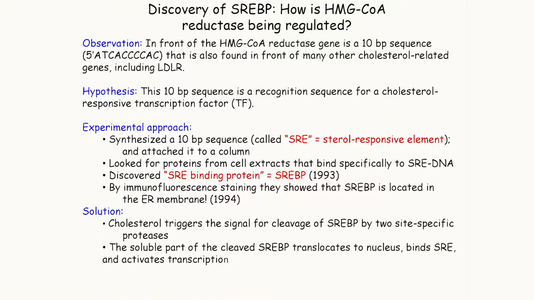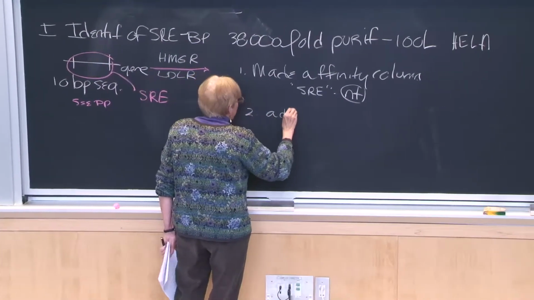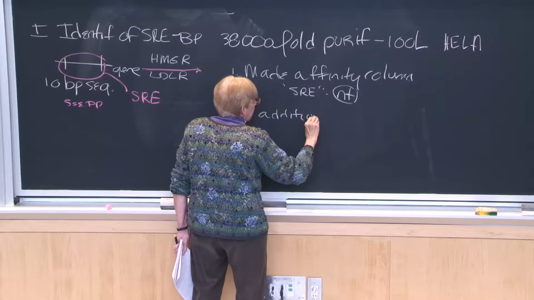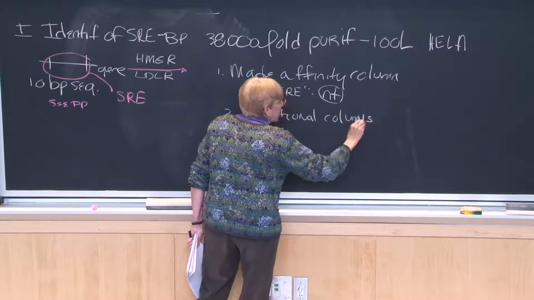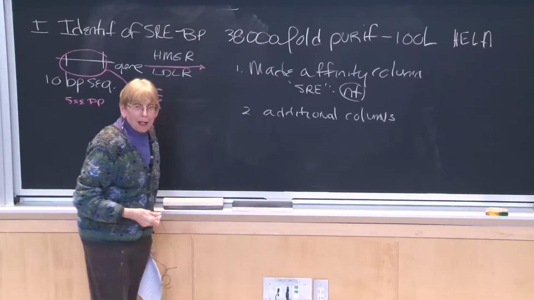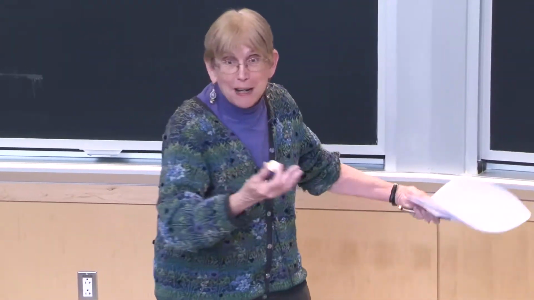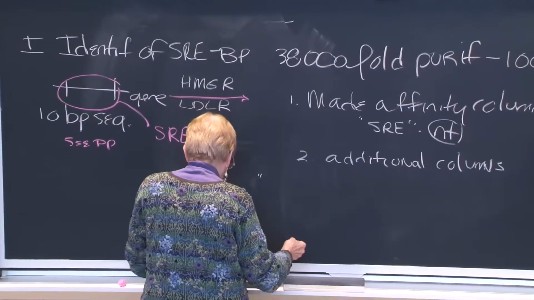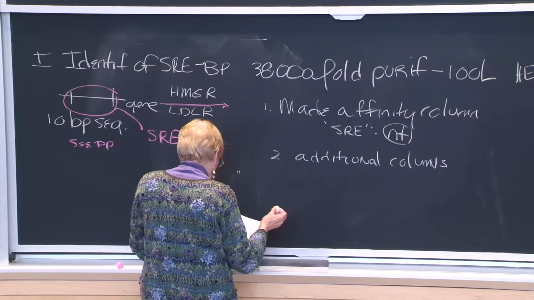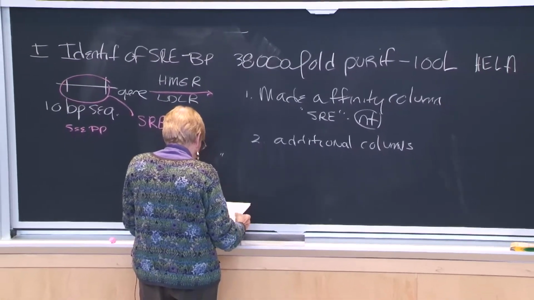And the size of the protein, so they went through this column and they went through additional columns. They ended up with proteins that were actually smaller than the SREBP, okay, but they still bound to the affinity column. Again, the details of this really aren't so important, but they ended up with smaller proteins.